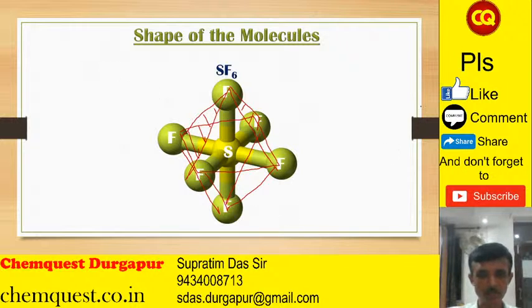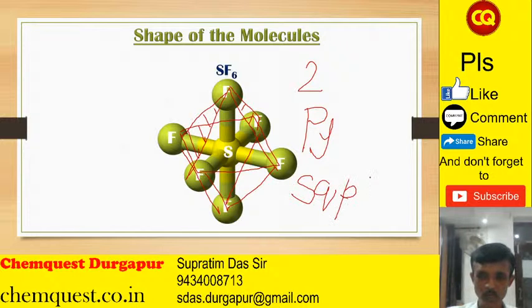Then two pyramidal structures with a square planar base, it is known, very simply, as octahedral.